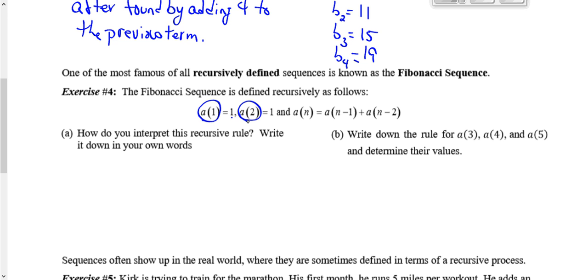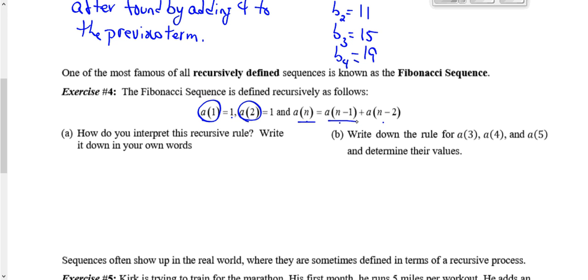And now we have a rule to get each term afterwards. To find the nth term, what term do we take? That's not multiplying, guys. It's the previous term.